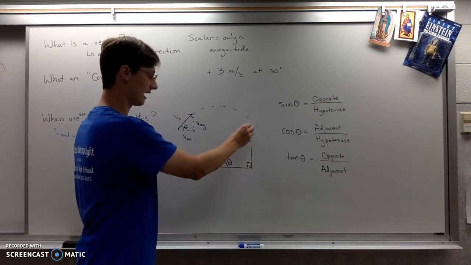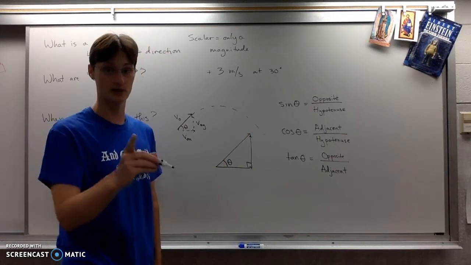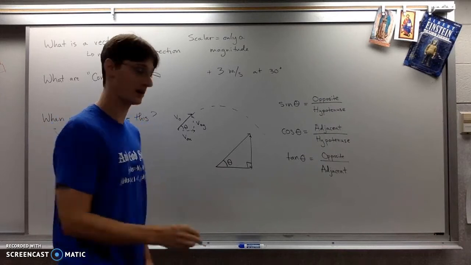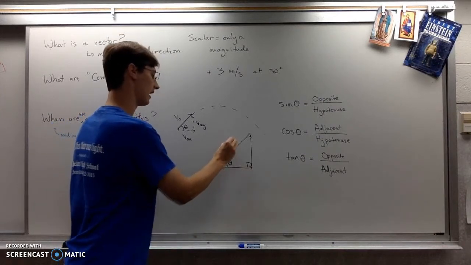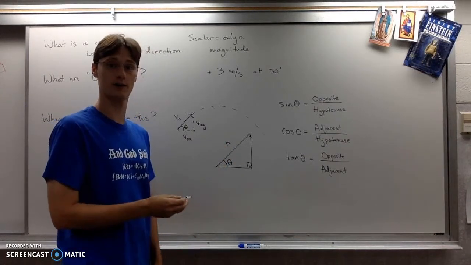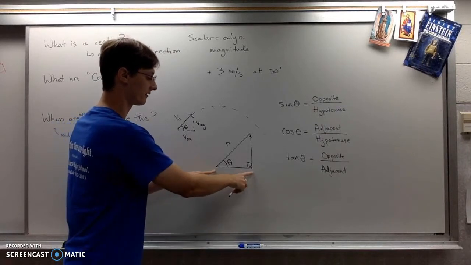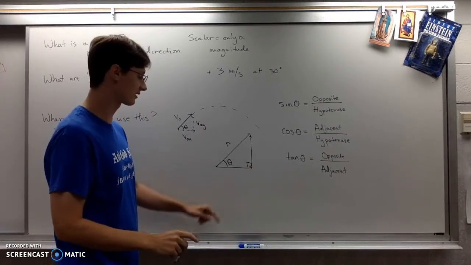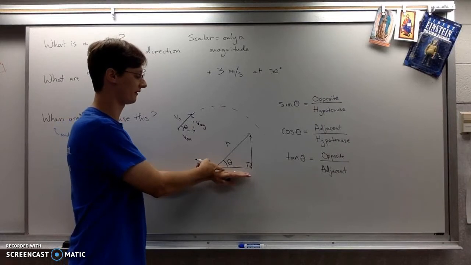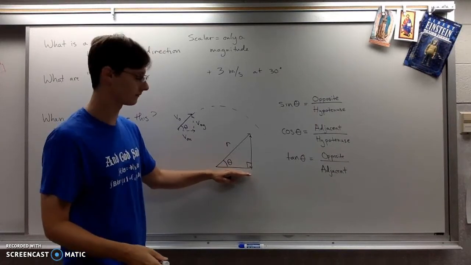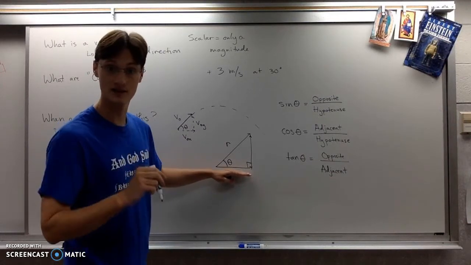If this side is the hypotenuse, which it is, and we call it R, then this side, stop and think a moment if that's adjacent or opposite, that's the adjacent side.